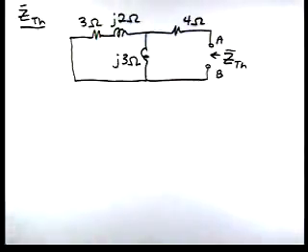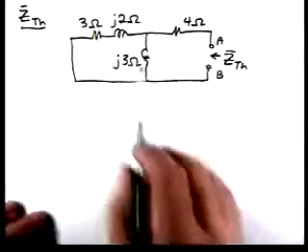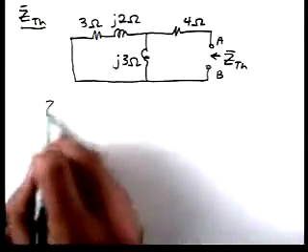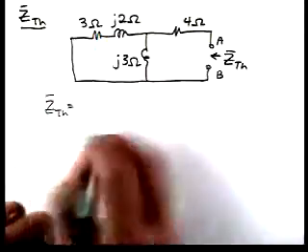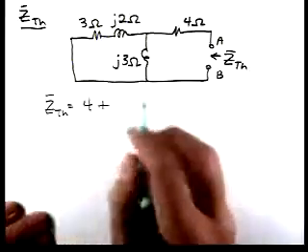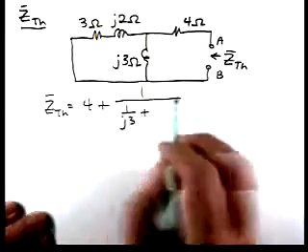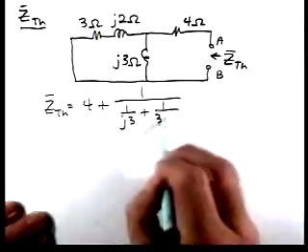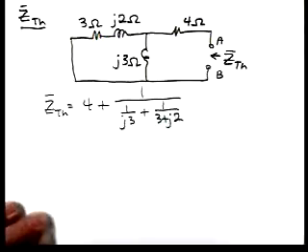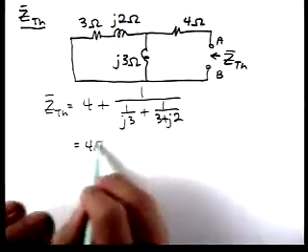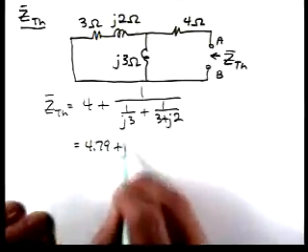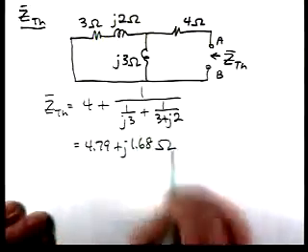We have this impedance in series with this parallel combination. So Z Thevenin is calculated as follows. And Z Thevenin then is 4.79 plus j1.68 ohms.